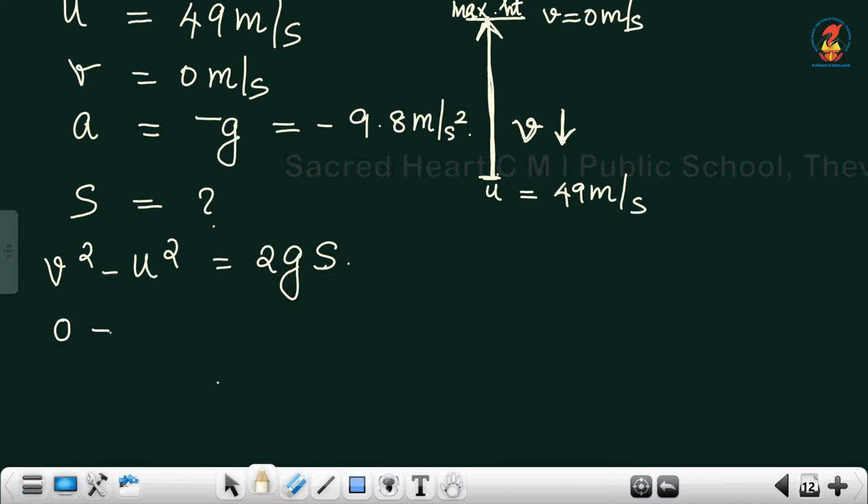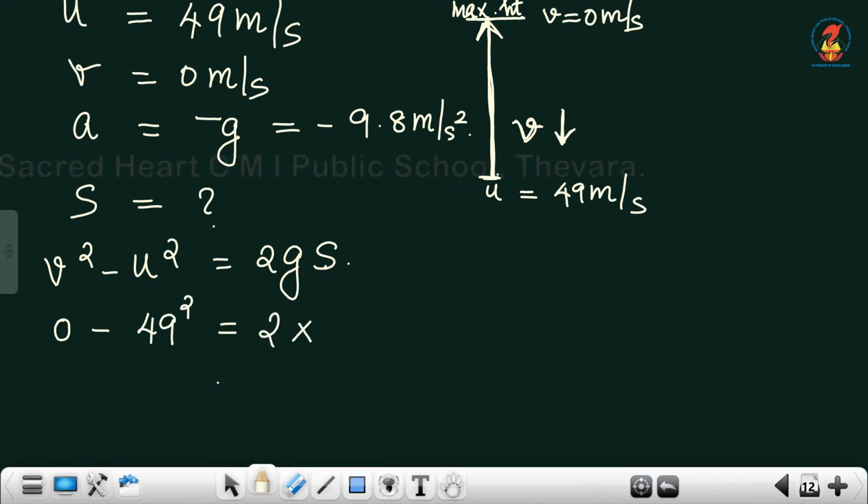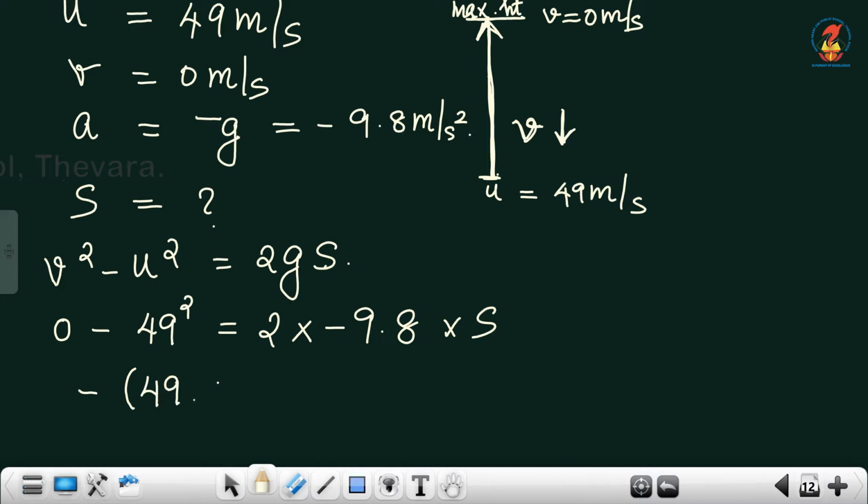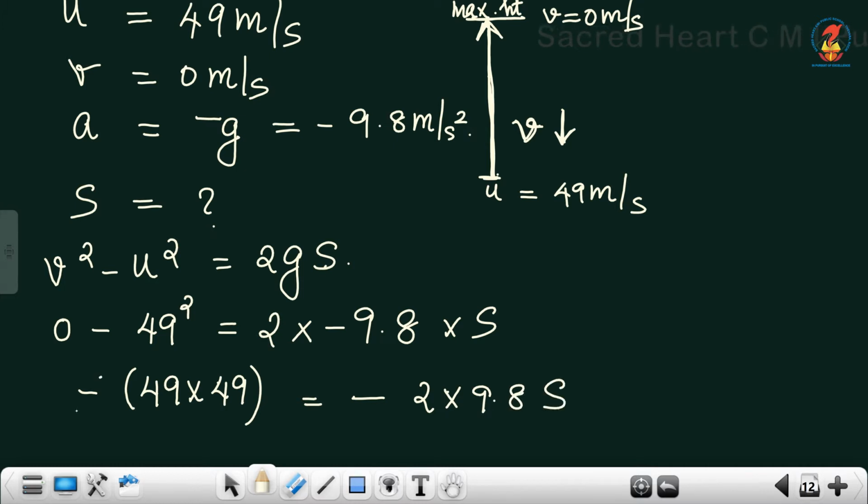v is 0, minus u square, 49 square, is equal to 2 into negative 9.8, g is negative 9.8, into s. That is minus 49 into 49 is equal to minus 2 into 9.8 s.